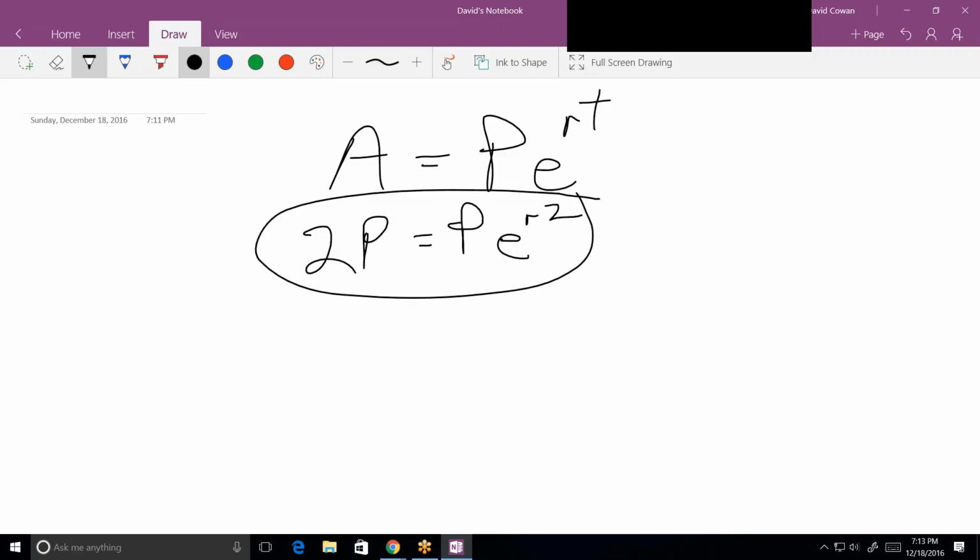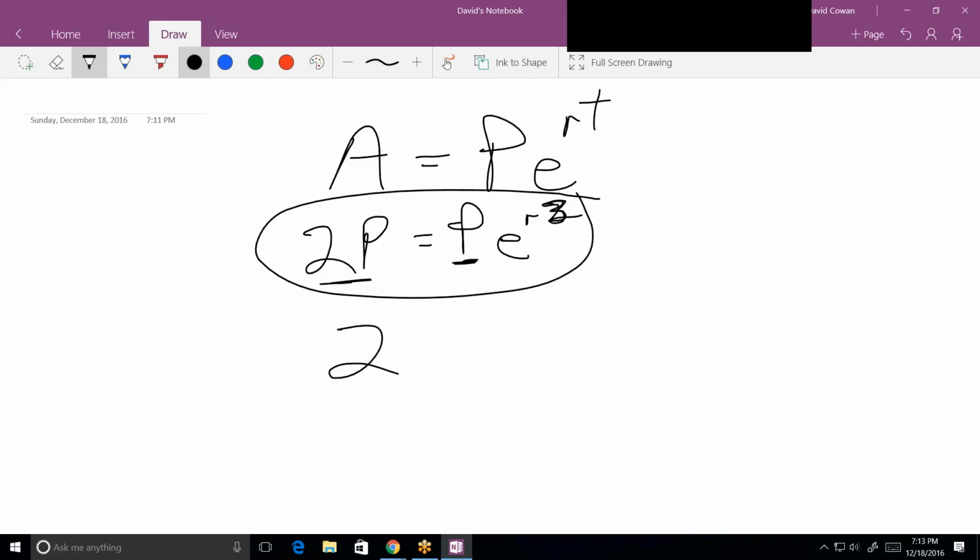Doubles every 3 days, but the doubling is expressed by the P becoming 2P. And the beauty of that is the P's then cancel and go away, and you're left with an equation that only has one variable, r. And that's the first step of this problem, to figure out what r is.